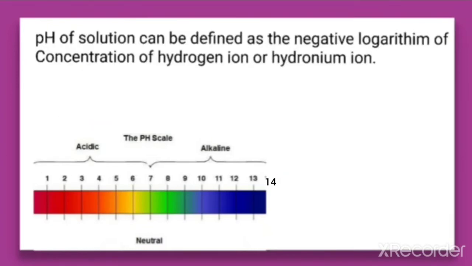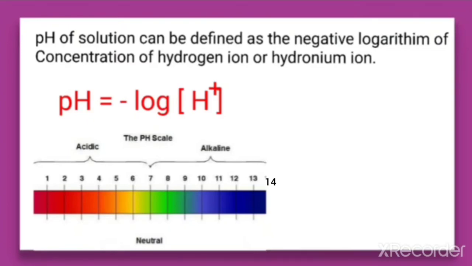The pH of a solution can be defined as the negative logarithm of the concentration of hydrogen ion or hydronium ion. So how do we represent this in equation form? pH is equal to minus log of concentration of H plus.